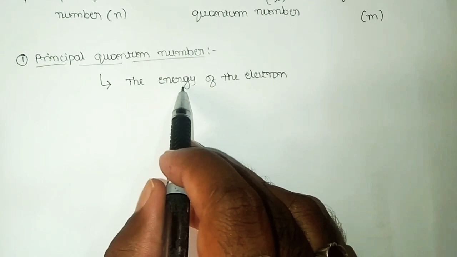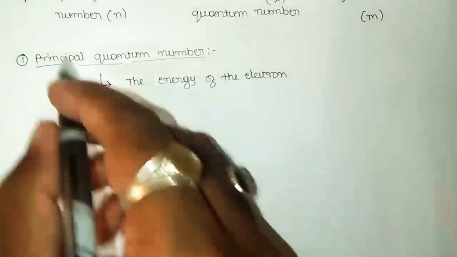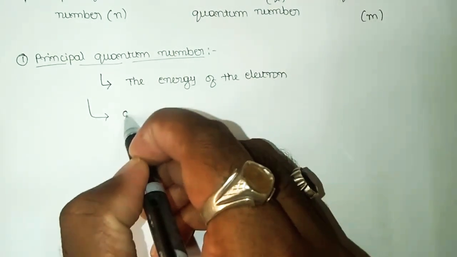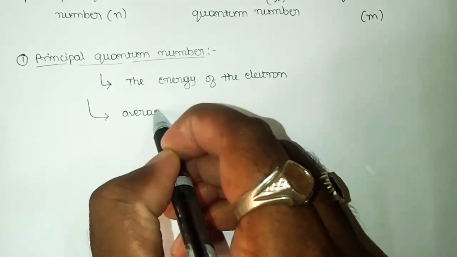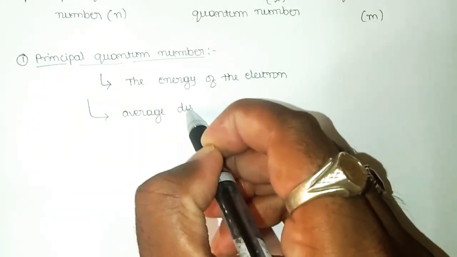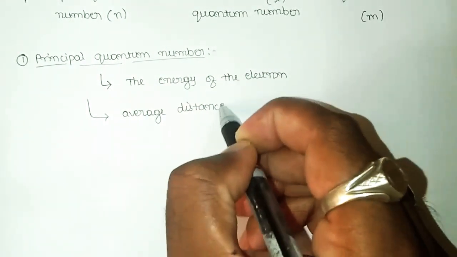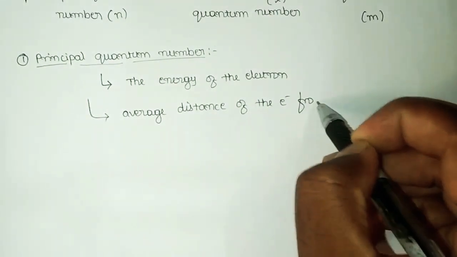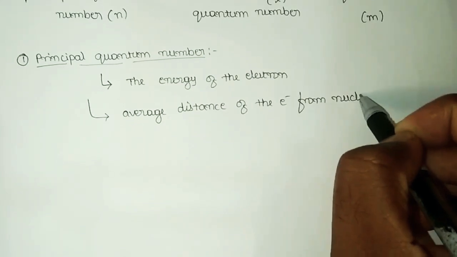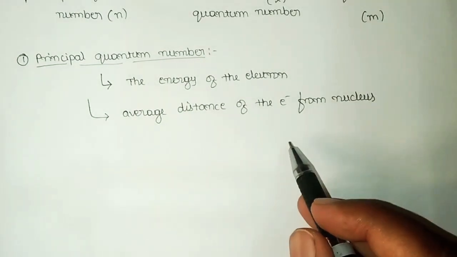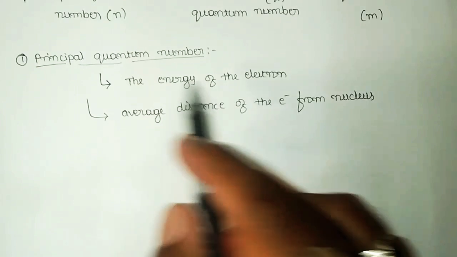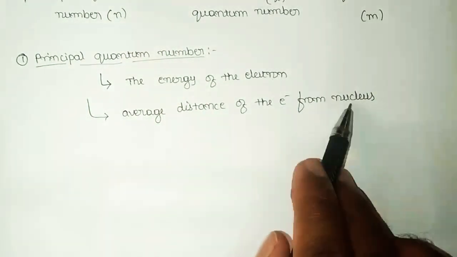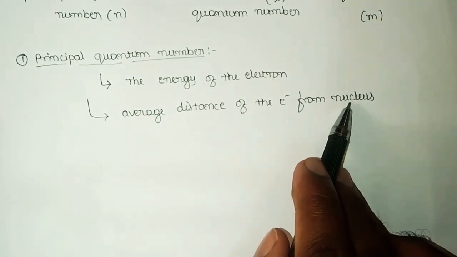And apart from the energy of the electron, the principal quantum number also gives information about the average distance of the electron from the nucleus. These are the two important pieces of information we can get from the principal quantum number value: the energy of the electron and the average distance of the electron from the nucleus.